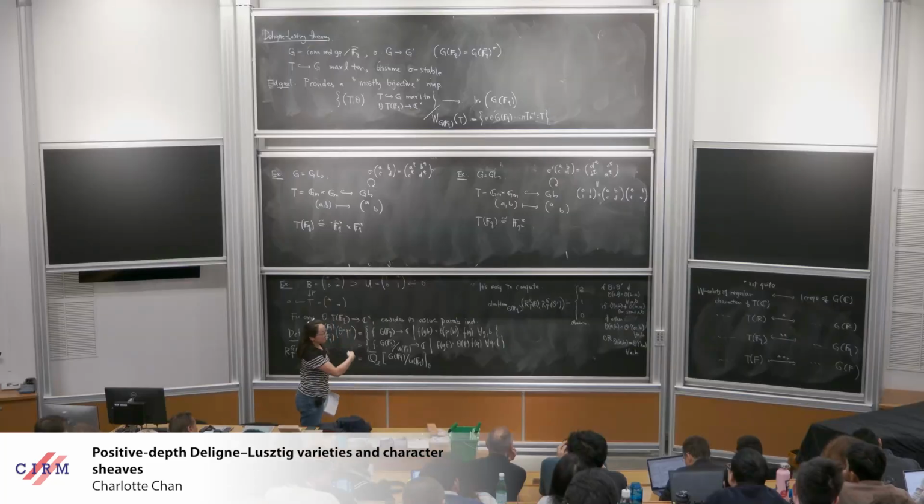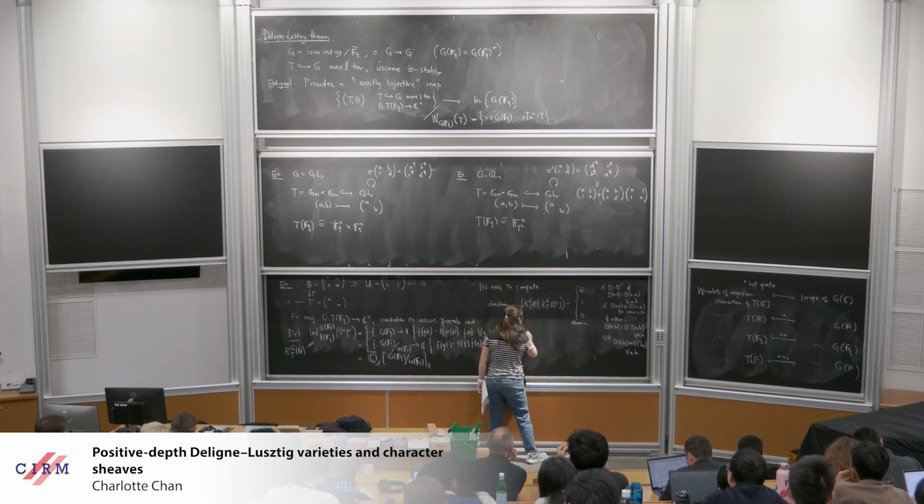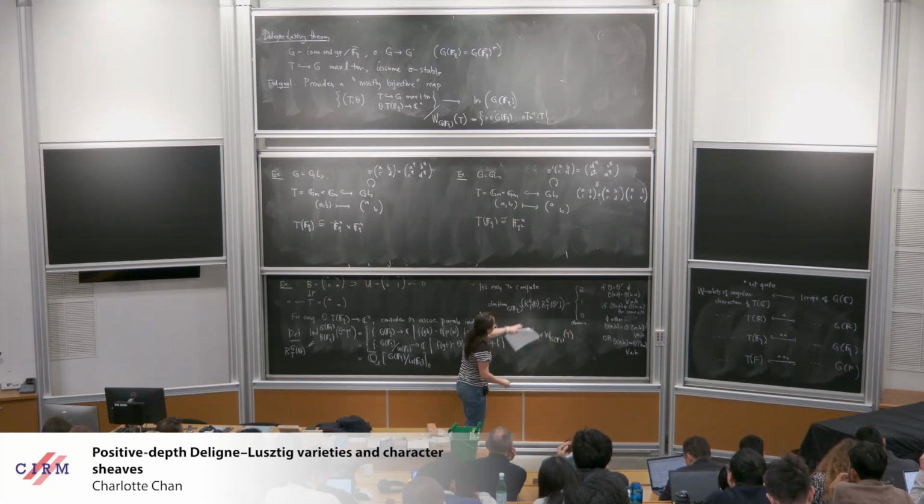If you unpack this very explicit description, a simpler way to say this is that this dimension is equal to the number of ways that you can get from theta to theta prime using the rational Weyl group.